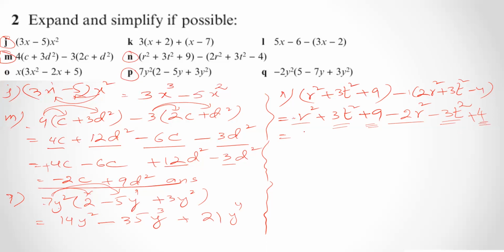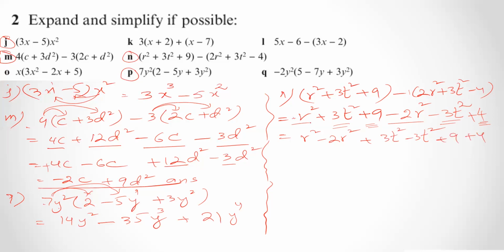So first of all, we regroup the same and the like terms. So r square minus 2r square plus 3t square minus 3t square plus 9 plus 4.